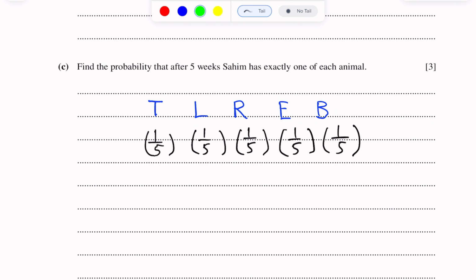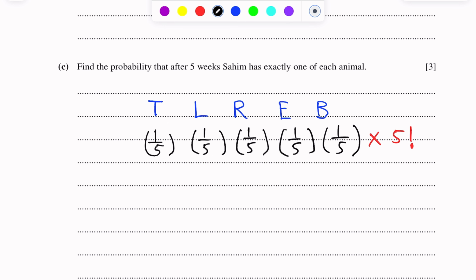So finally, simplifying it, these are 1 over 5, five times.